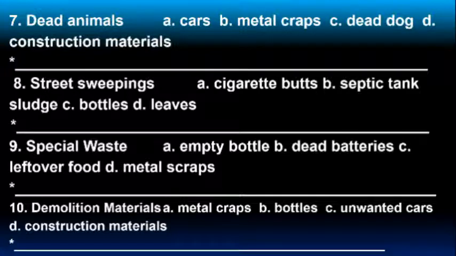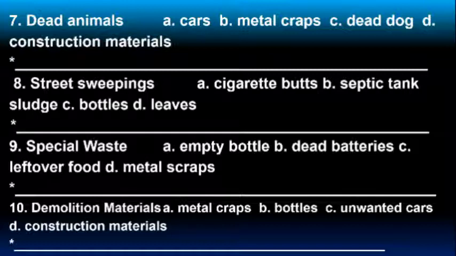Number 7, dead animals. Is it A, cars? B, metal scraps? C, dead dog? Or letter D, construction materials? Number 8, street sweepings. Is it cigarette butts? Or B, septic tank sludge? C, bottles? And letter D, leaves? Number 9, special waste.